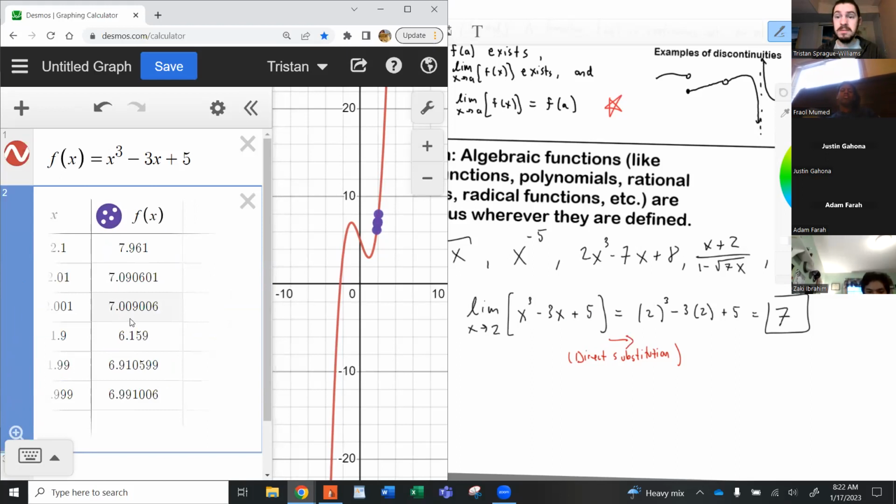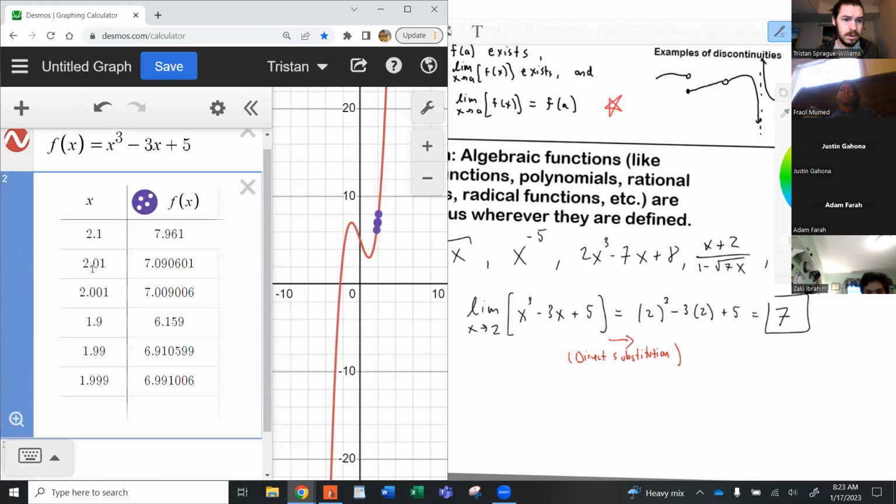Oh, wait, I have a question. So if, for example, there is a number that you bring that's bigger than the limit, then it should be like 2.1, 2.01, 2.0001. But if it's a number that's smaller than the limit number, it should be like 1.9, 1.99.